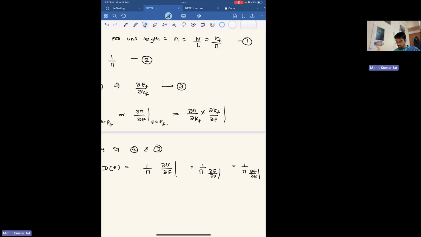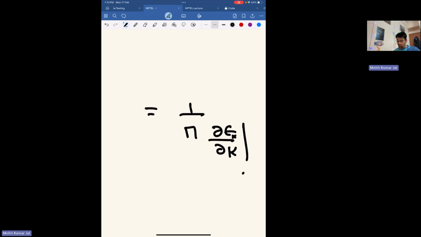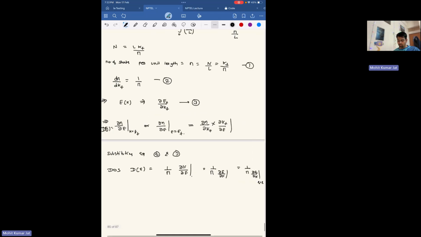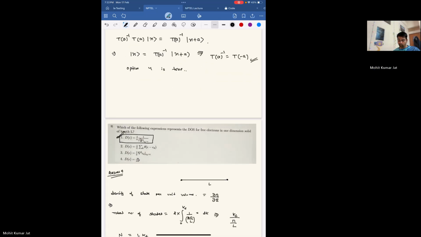It can be like this also. That's also true. So E will be a function of k, and then E(k) equals E. That's also true, and that matches option number A. So that's problem number 9, which I have solved.